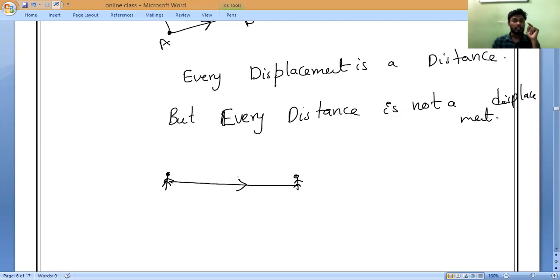It is also always mentioned in a particular direction, from one point to another. That is what we call displacement. So that is distance and displacement.